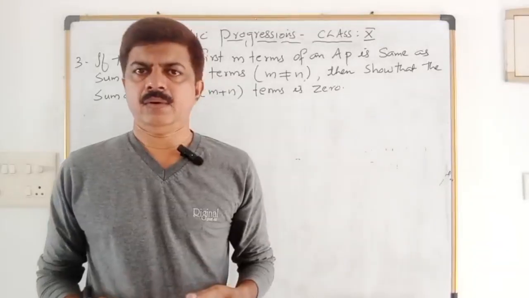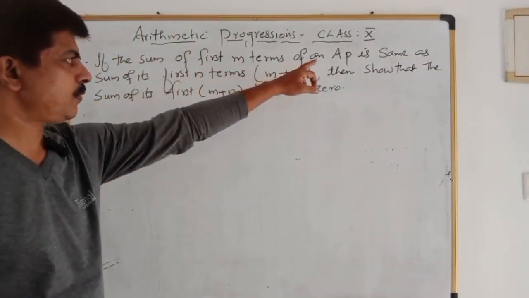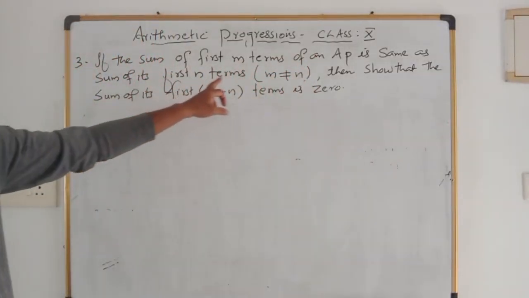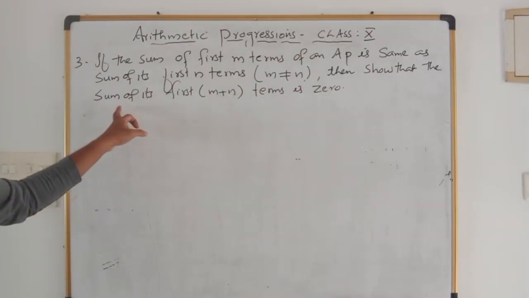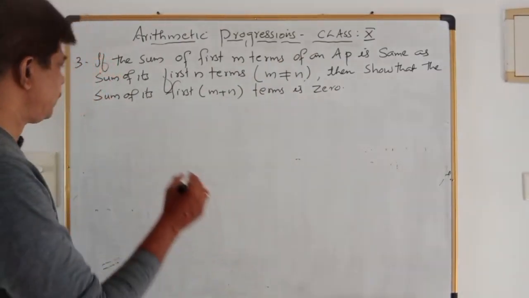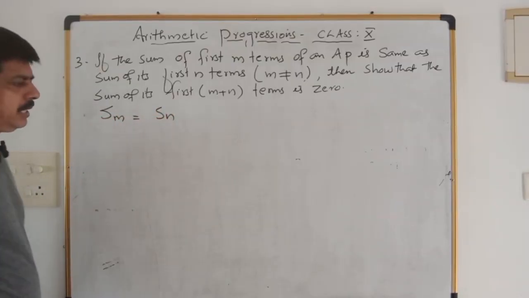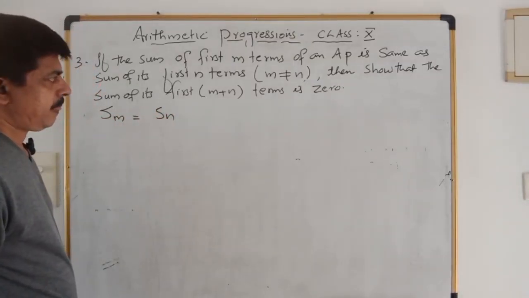Clear? Okay, now we are going to discuss our third question. The sum of first m terms of an AP is the same as the sum of its first n terms. Then show that the sum of its first m plus n terms is 0. We are given sum of m terms is equal to sum of n terms.